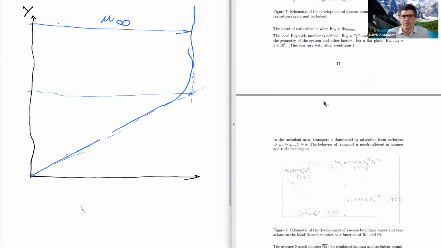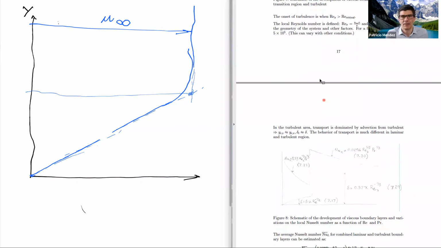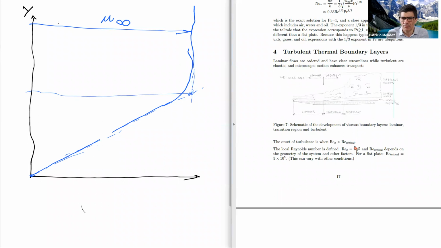Okay, so for the case of the flat plate, the critical Reynolds number is 5 times 10 to the 5. And because Reynolds number is velocity times distance downstream divided by kinematic viscosity, this tells us what combination of velocities and lengths. For example, a very fast fluid might have a quick transition to turbulence. A slow fluid might have a slow transition to turbulence, so you might need a very long plate to see turbulence.